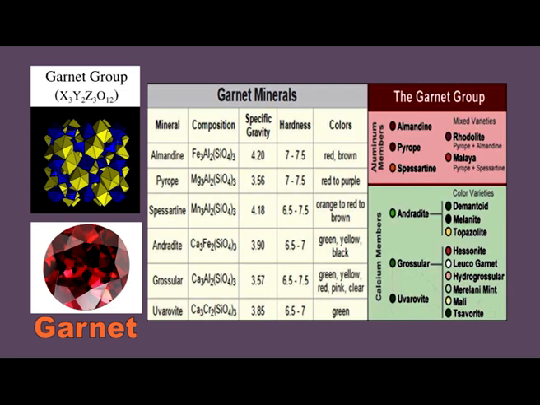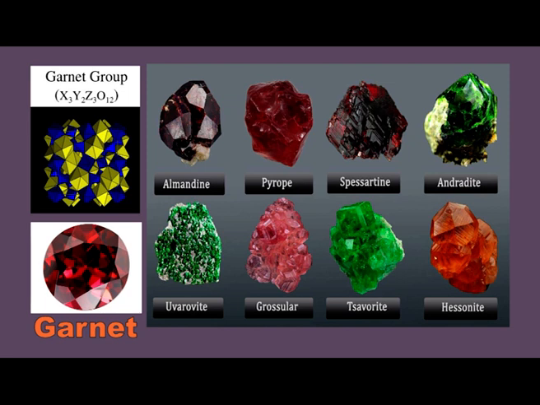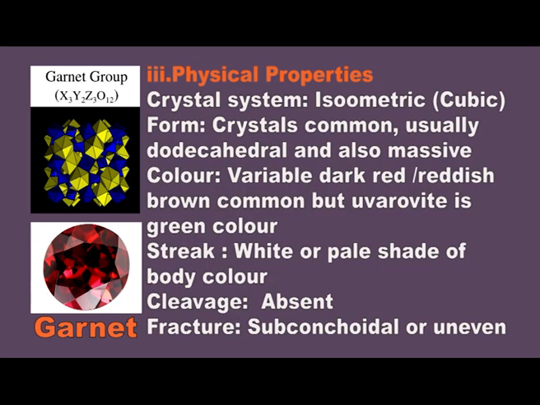Physical properties: crystal system isometric, cubic, form crystals common, usually dodecahedral and also massive. Color: variable, dark red or reddish brown common, but uvarovite is green. Streak: white or paler shades of body color. Cleavage: absent.